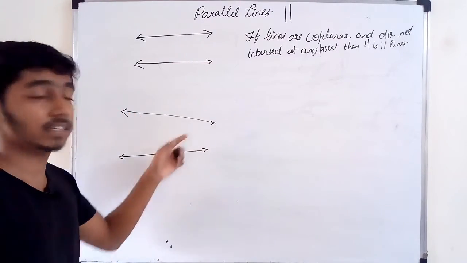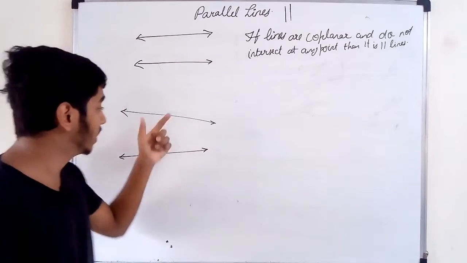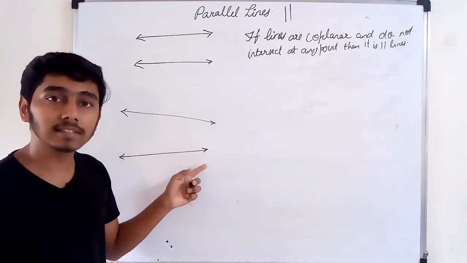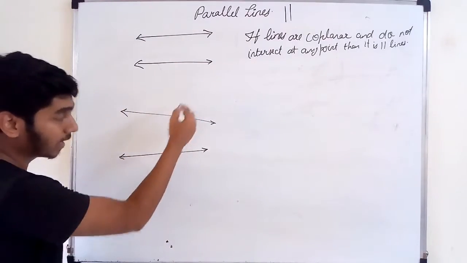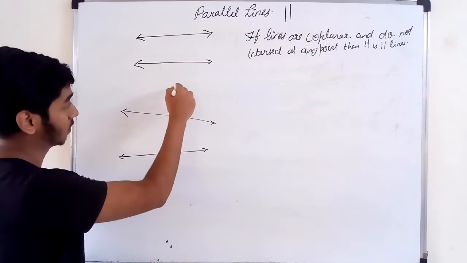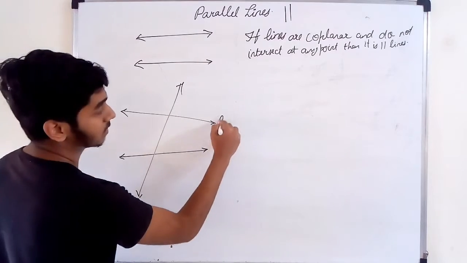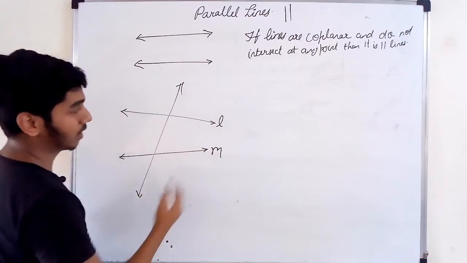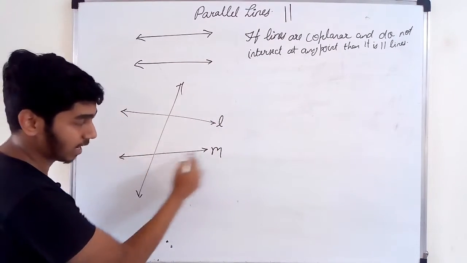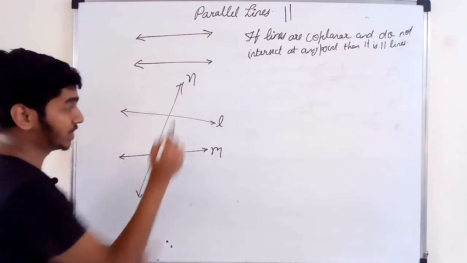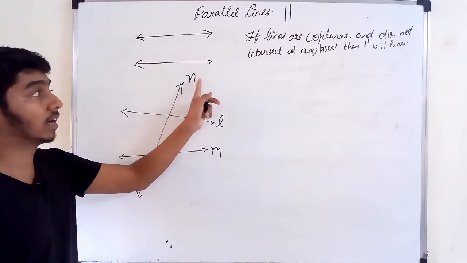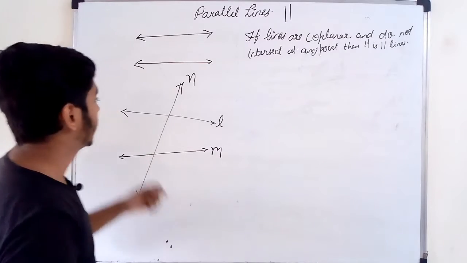So to understand this further concept, we are taking non-parallel lines, and we are cutting these two lines with another line. Let's say this is line L, this is line M, and this which is cutting L and M is called line N.